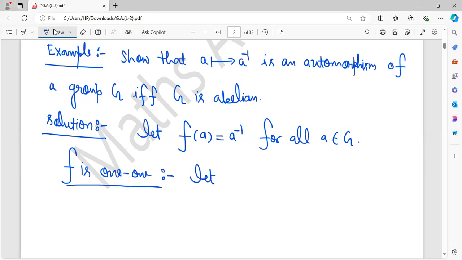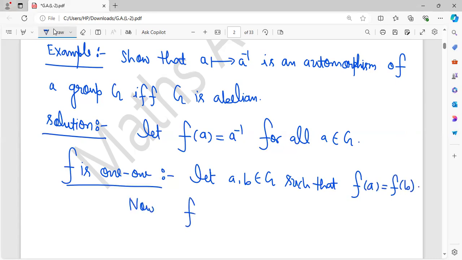Let A and B belong to G such that FA is equal to FB. Now FA is equal to FB, it is given. So what is FA? A inverse. What is FB? B inverse.